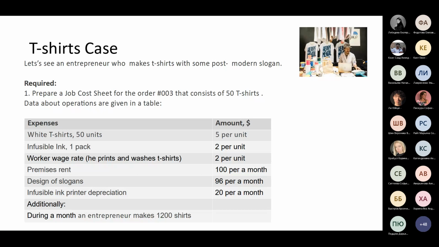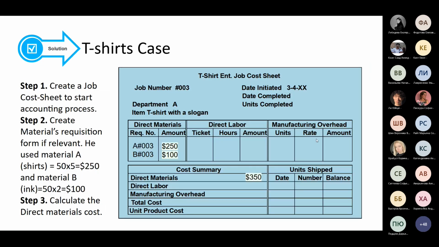And we can see that we have a list of expenses, and additionally we have information about the total volume that this entrepreneur plans to produce during the period. Let's see how to do it step by step.